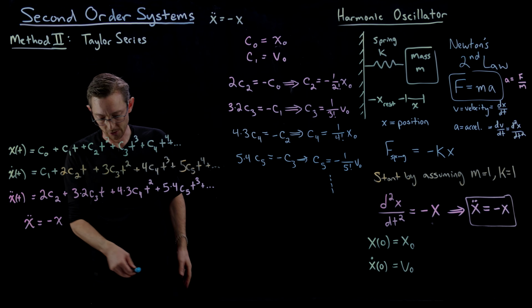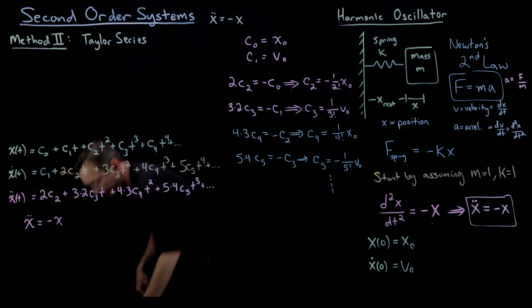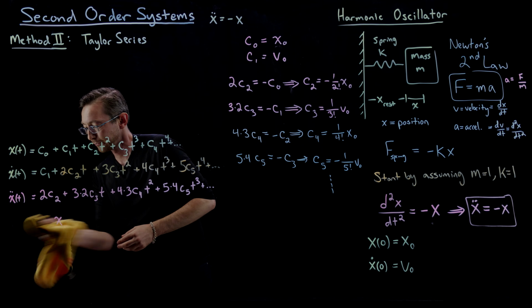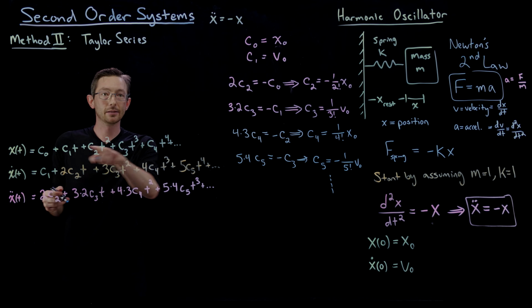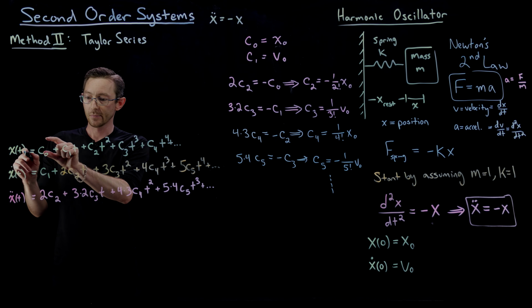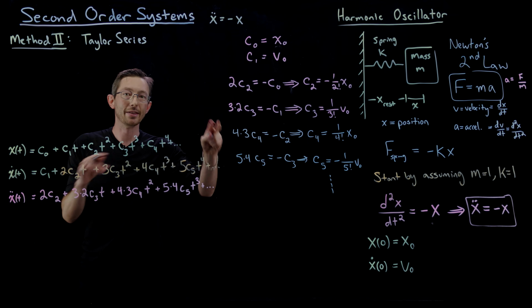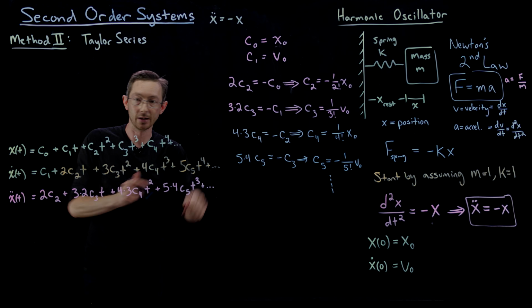I'll do this in 2 steps just because I don't want to confuse anyone. The first thing I'm going to do is literally write x of t and plug in all of those coefficients here, and then I'm going to group all of my x naughts and my v naughts.